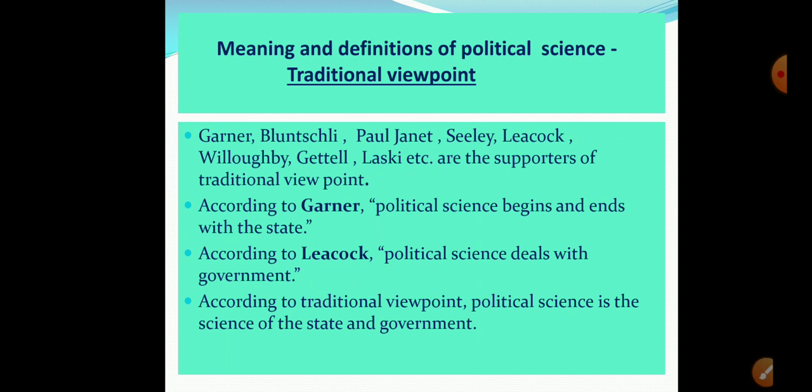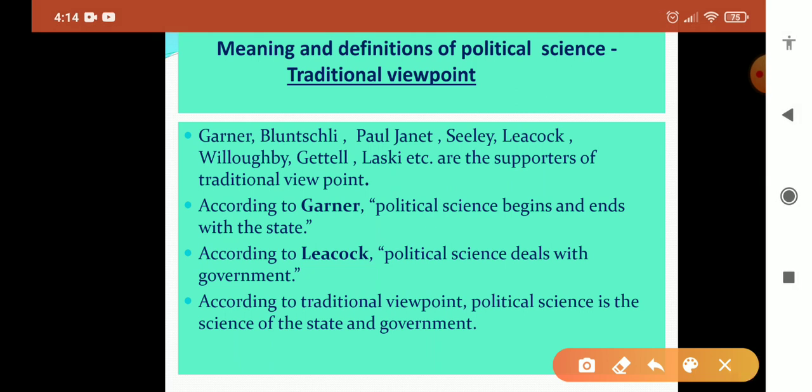Meaning and definition of political science, traditional viewpoint. Gardner, Bluntschli, Paul Janet, Seeley, Leacock, Willoughby, Gattel, Lasky are the supporters of the traditional viewpoint. According to Gardner, political science begins and ends with the state.